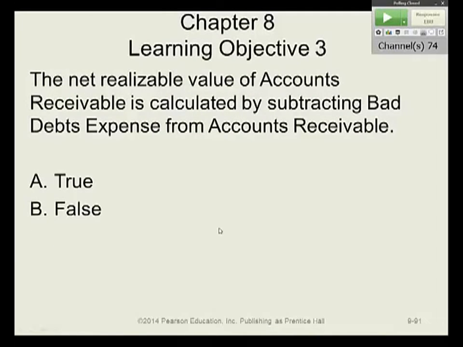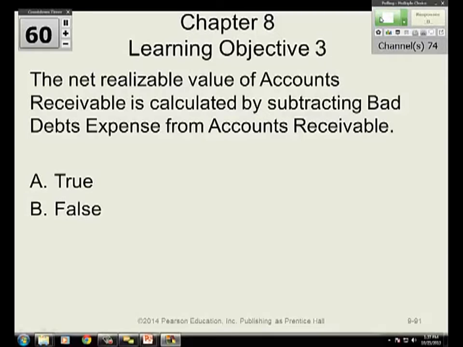All right, I want to know what is the net realizable value of accounts receivable? Is it calculated by subtracting the bad debt expense from the accounts receivable? Okay, these are all definitions. Starting with some definitions.